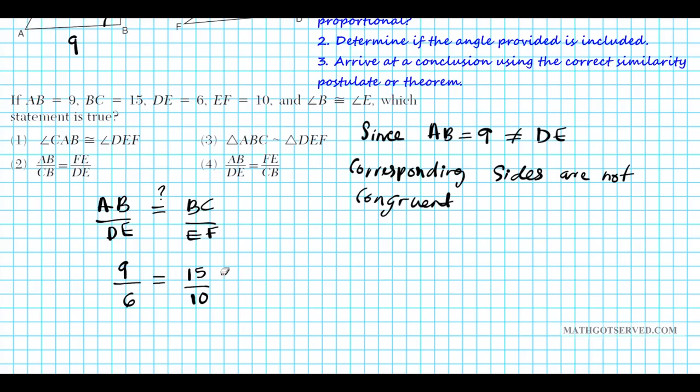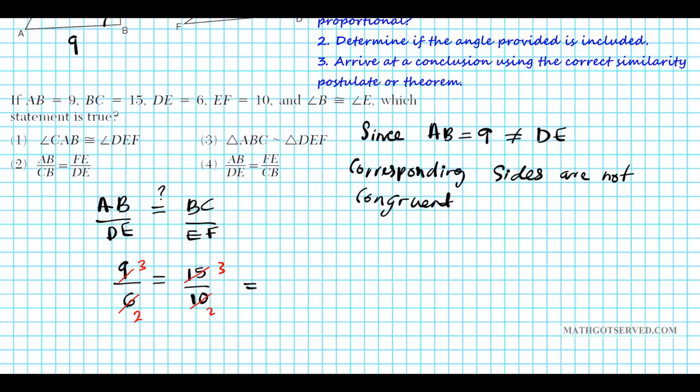The right-hand side, we can now reduce by dividing by what? We can divide by 5 here, so 5 goes here 2, and 5 goes here 3. 3 over 2. And then over here we can divide by 3. 3 goes here 2, 3 goes here 3.